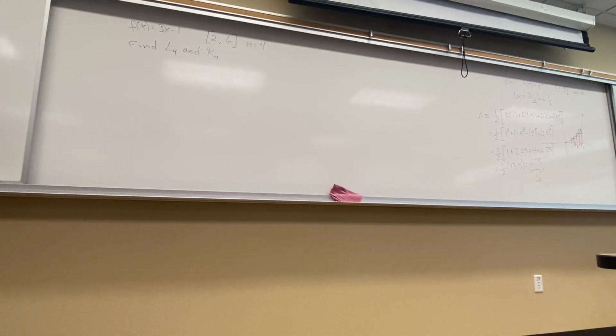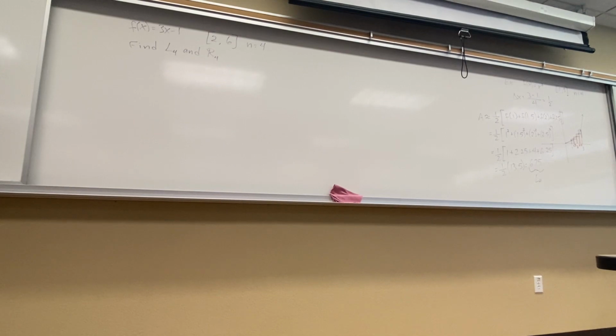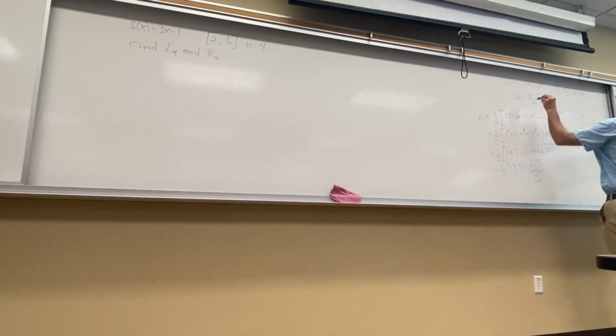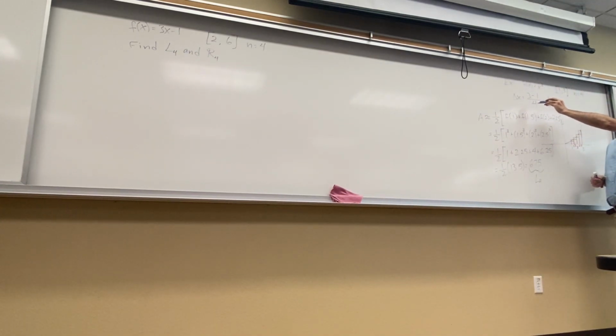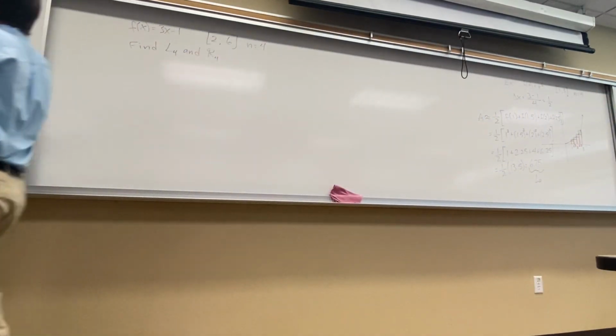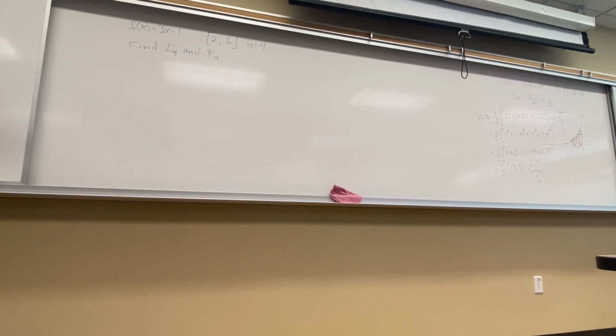We're going from 2 to 6, and we want to find L4 and R4. Okay, so let's go back through the steps of what we did here. First thing we did was we found delta x using b minus a over n. Then I drew the picture and marked off the values on the number line there.